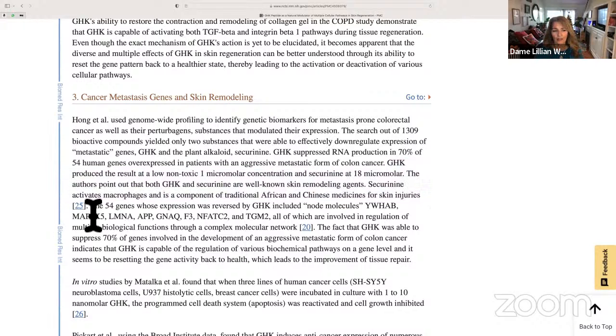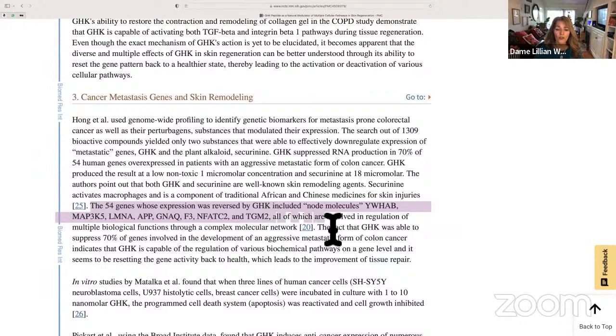So it talks here about the 54 genes whose expression was actually reversed by GHK, included node molecules, YWHAB. And then this is basically listing the different names of the molecules. I'm not going to read them all because it's basically alphabet soup, and we don't have a way of assigning a meaning to all of these. You don't have to remember these, but it's just letting you know which of these node molecules were actually affected through the application of GHK in these individuals.